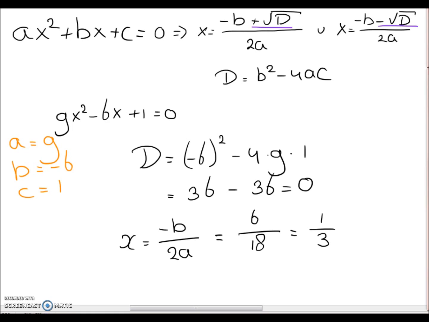Let's look at one more equation. Let's look at the equation 2x squared minus 4x plus 5 is equal to 0. Again, the equation ends in is equal to 0, so we can write down our a, b, and c immediately.